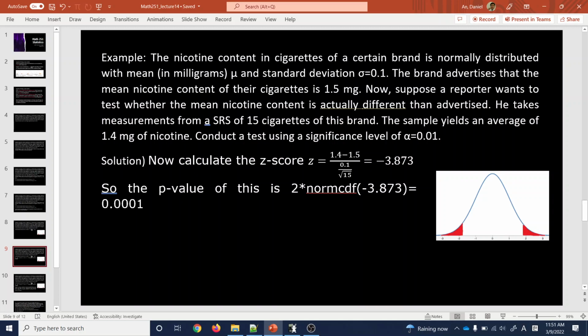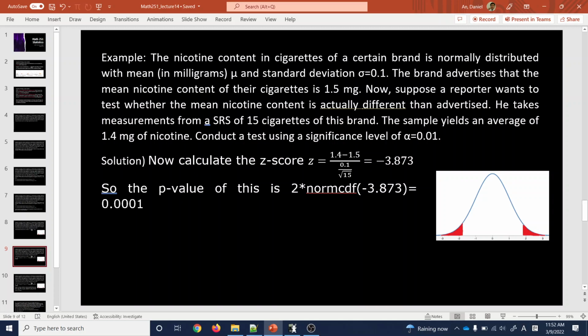So can we believe the company's claim that the mean is 1.5 milligrams? What do you think? If we accept that the company's claim of 1.5 milligrams of nicotine per cigarette is true, then the chance of this happening is only 0.0001.